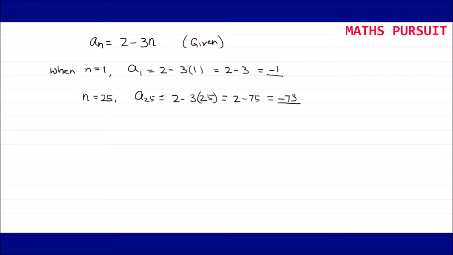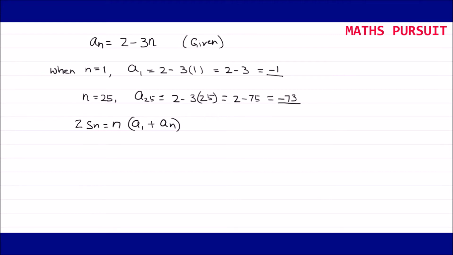Now, to find the sum of the arithmetic progression, we need to take the help of this formula: 2Sn = n(a1 + an). Now you could understand why I tried to find the values of a1 and a25.